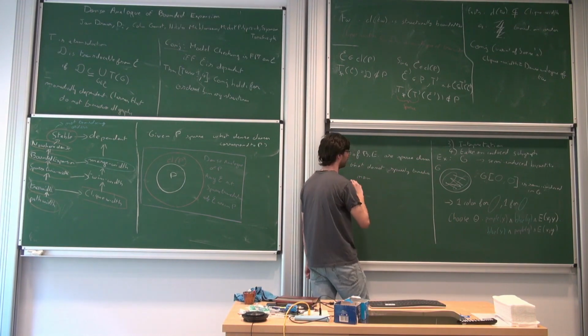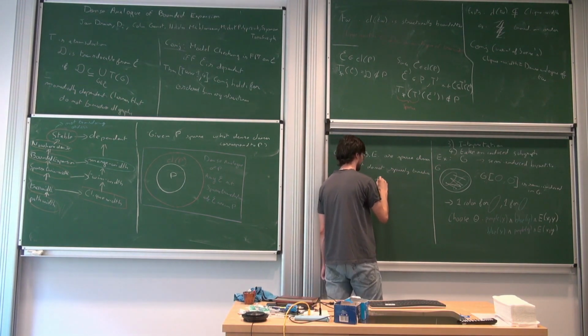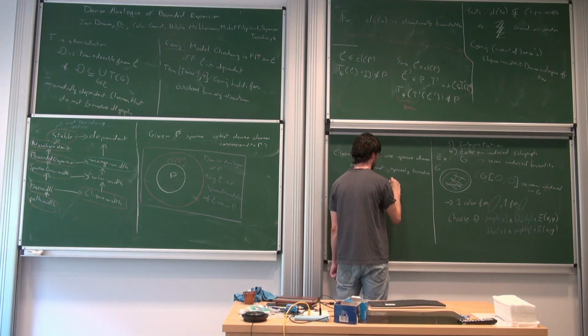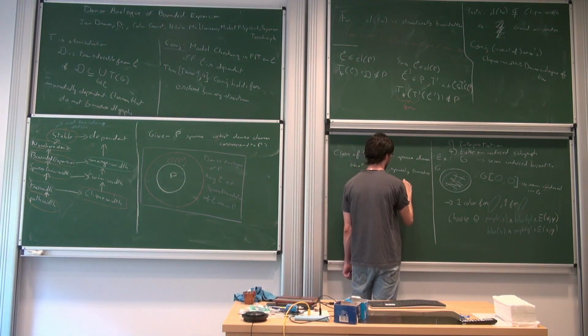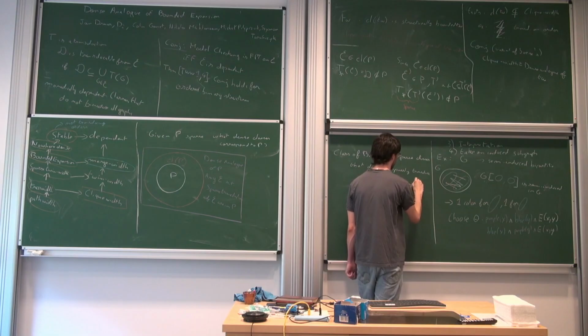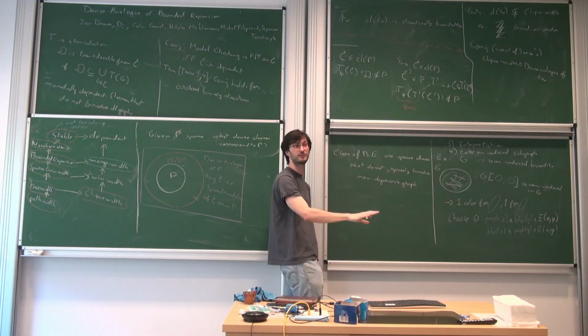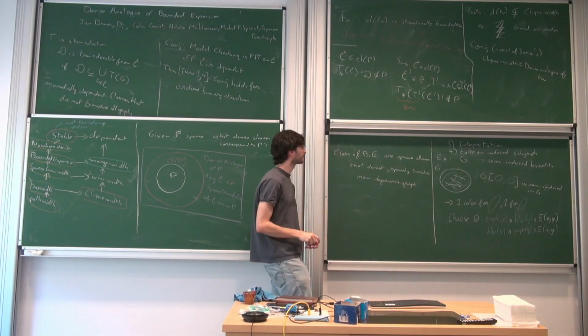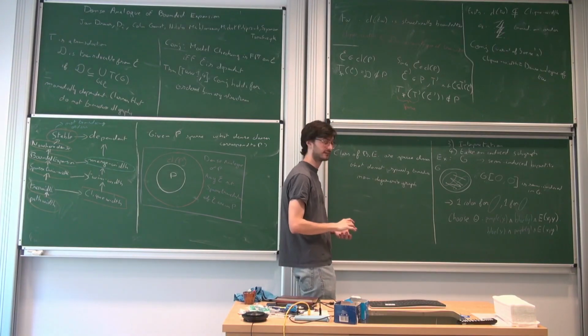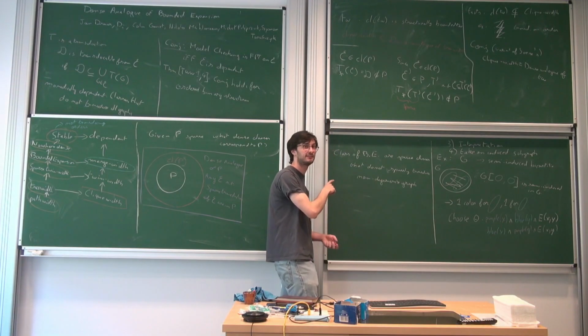So it's a double negation, sorry. Whatever graph class you transduce that is sparse from a class of bounded expansion will have a linear number of edges in any of its subgraphs. Does everyone know what a degenerate class is?